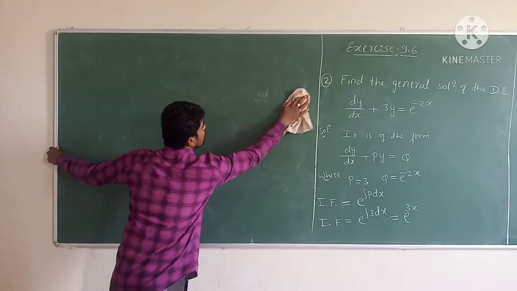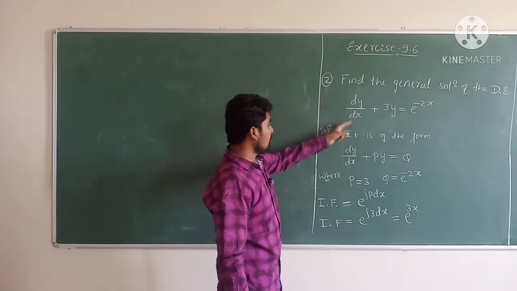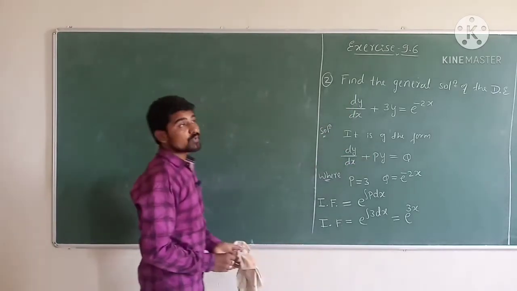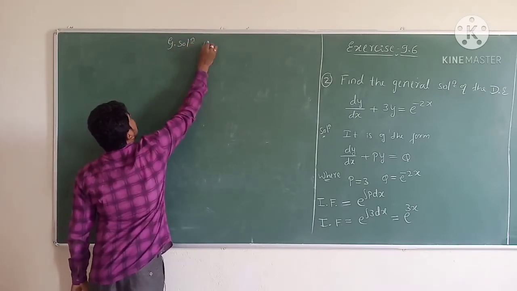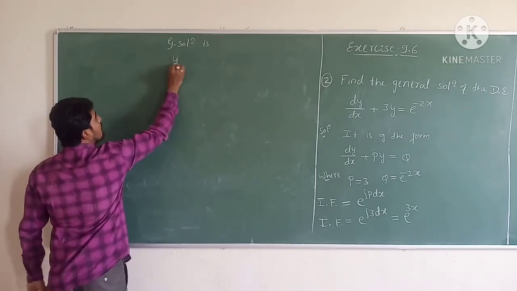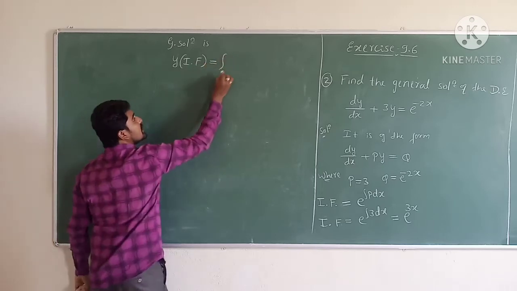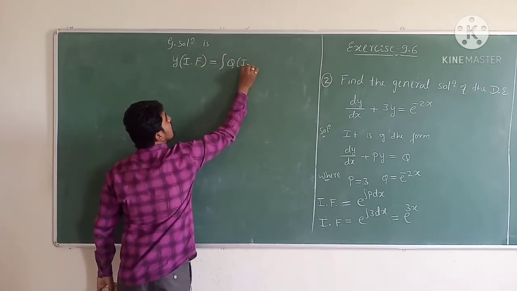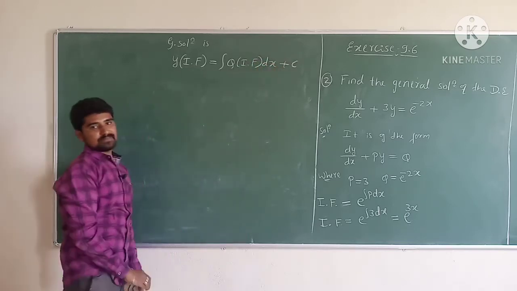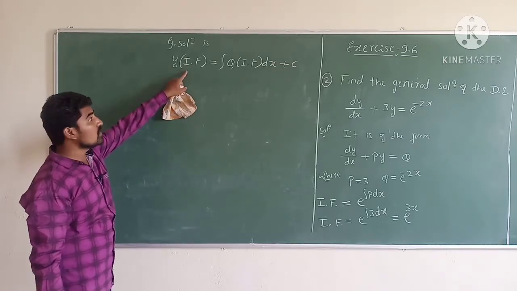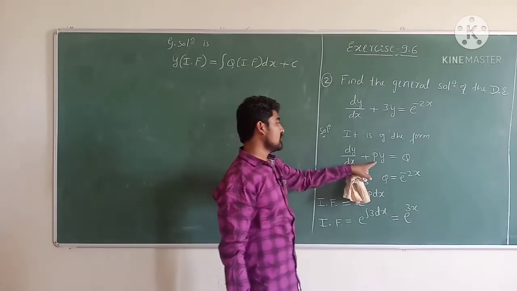The formula to find the general solution of the differential equation of the form dy by dx plus py is equal to q is: y into integrating factor is equal to integration of q into integrating factor with respect to x plus the integral constant c. This is the general solution of the linear differential equation of the form dy by dx plus py is equal to q.